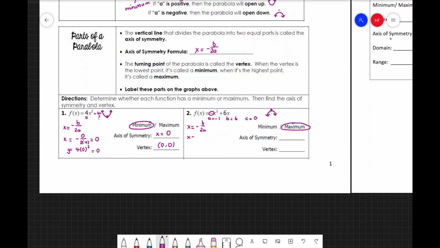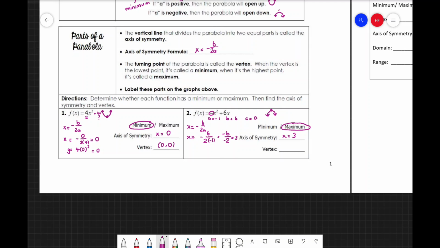So x would equal negative 6 over 2 times negative 1. 2 times negative 1 is negative 2. So we have negative 6 divided by negative 2, which is a positive 3. So x equals positive 3 is my axis of symmetry.